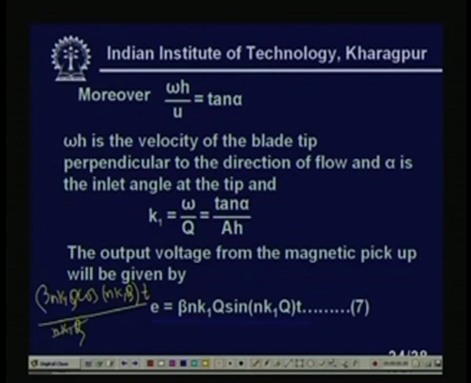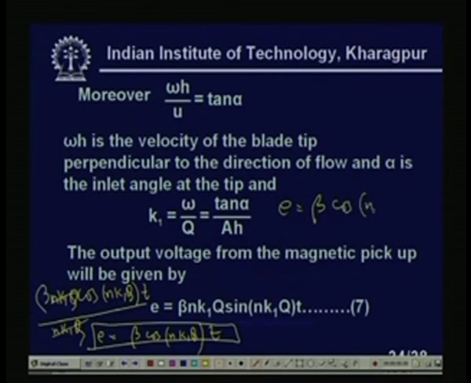So, this n k 1 q will cancel out. After the integration I will get E equal to beta cos of n k 1 q into t, is it not? See here, right. I will write it clearly, E equal to beta cos of n k 1 q into t.